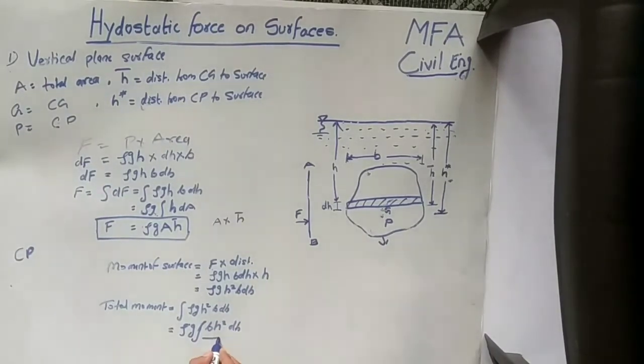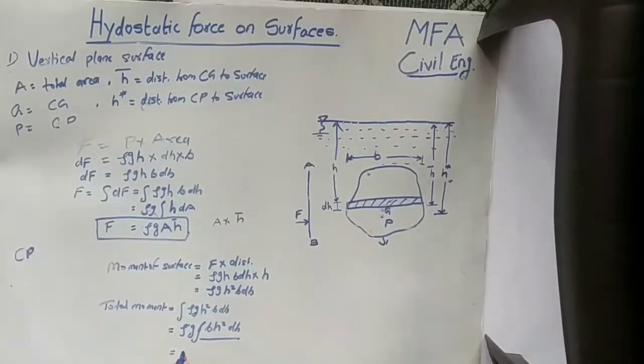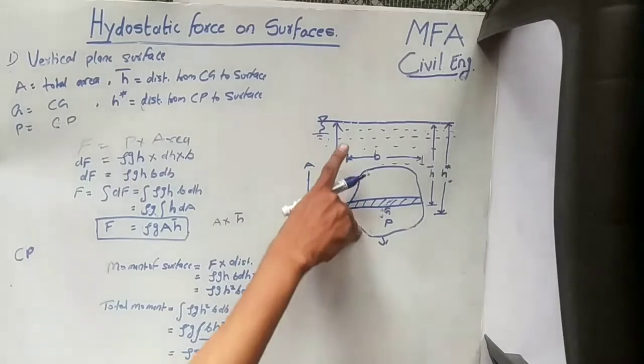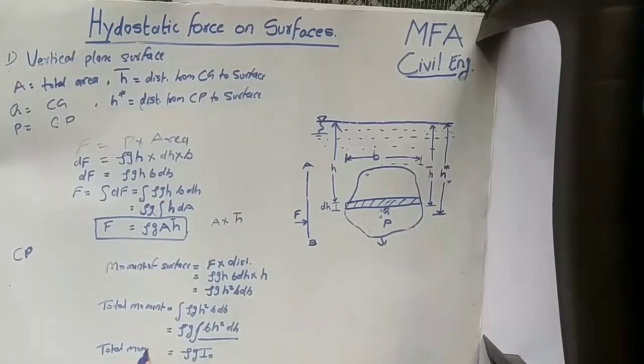This is the moment of inertia of the surface about the free surface of the fluid. So it is equal to rho into g into the moment of inertia of the surface about the free surface of the fluid. This is the total moment.